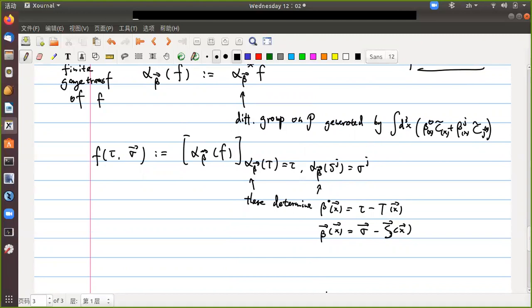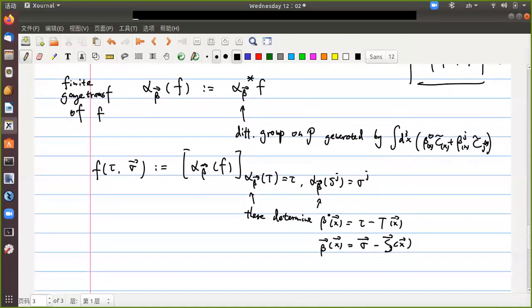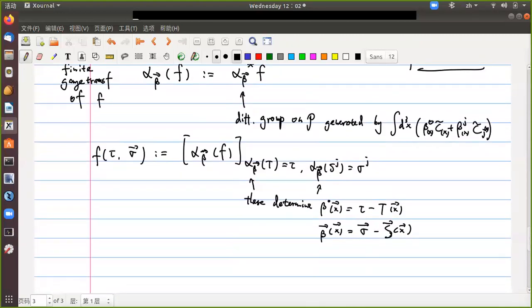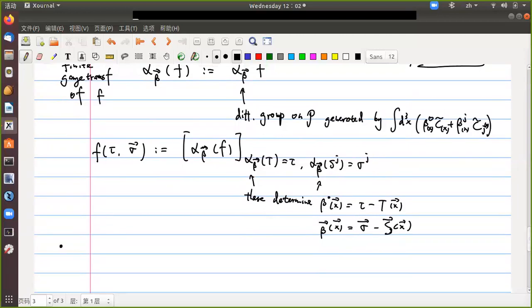You plug the solution beta into alpha beta acting on F, and then you explicitly get the value of the Dirac observable. That's why this Dirac observable is just a function of tau and sigma. This is the definition of F, and the property is that F, tau, and sigma is a Dirac observable.